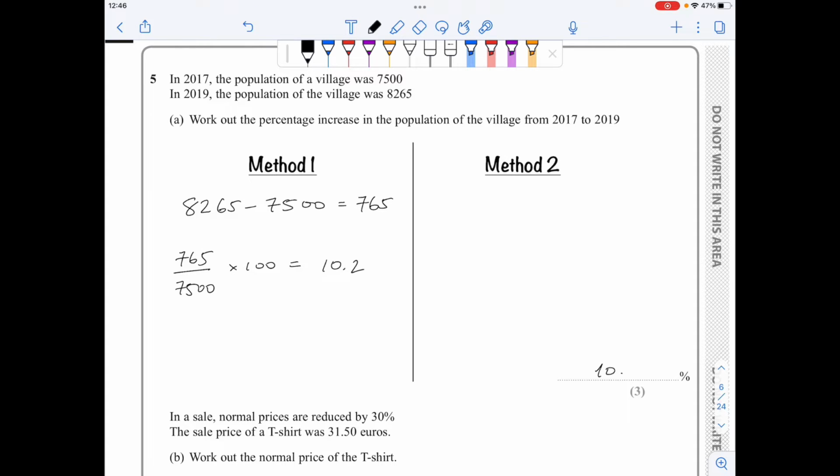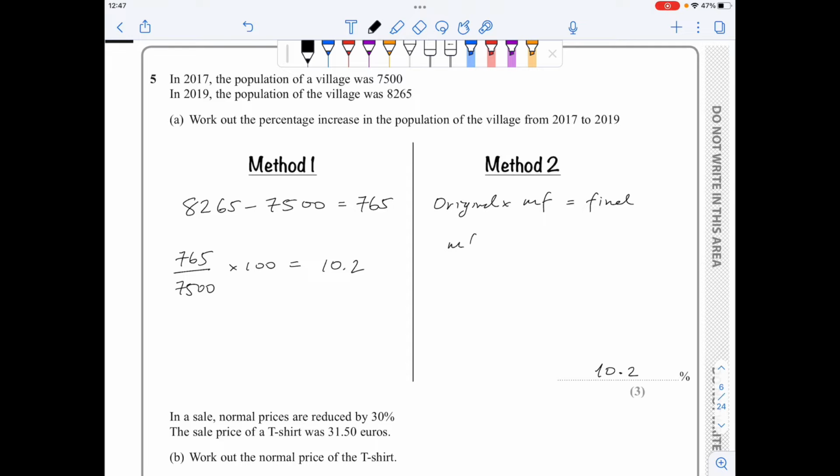10.2. Now the second method involves the multiplying factor, and we know that the original value times my multiplying factor gives me my final value.